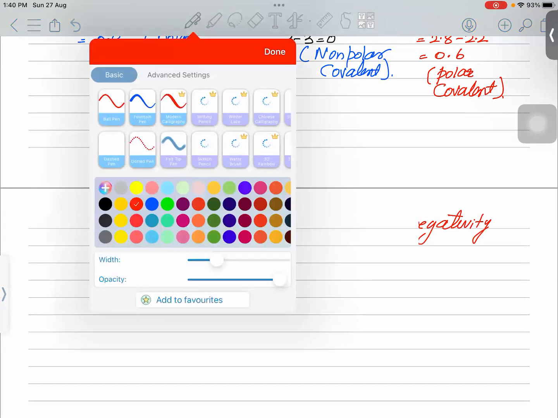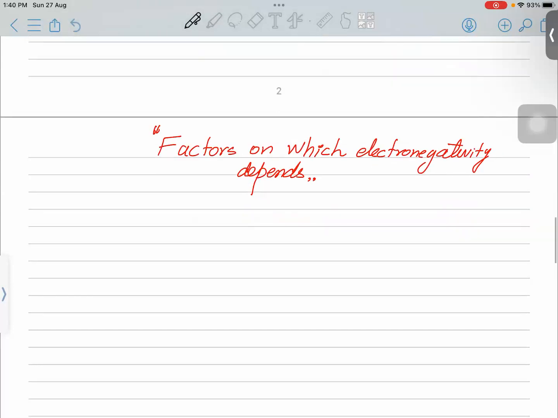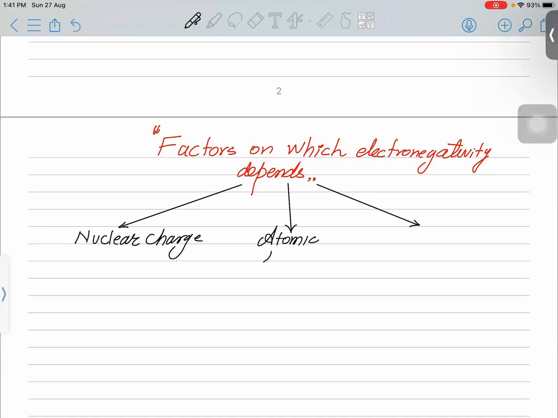So first is proton number or nuclear charge, right? Second is radius, and third is shielding. So first one is nuclear charge. Second is atomic radius. Third is shielding of inner electrons.